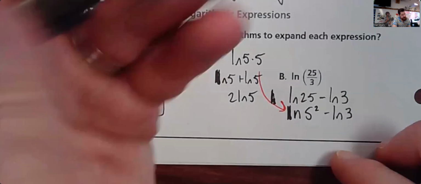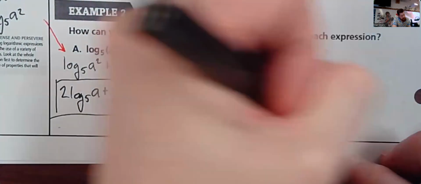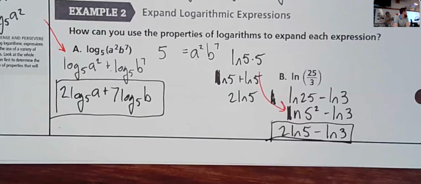So this is going to be 2 ln 5 minus ln 3. You can basically just take that exponent, put it in front of your logarithmic form, and then rewrite it like that.